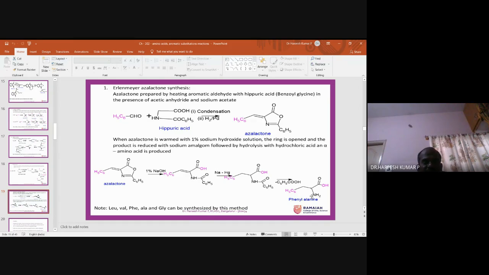The fifth is Curtius rearrangement. The sixth is the Darapsky method, and the seventh is the azlactone Erlenmeyer method of synthesis of amino acids. So these are the 7 methods of synthesis of amino acids.